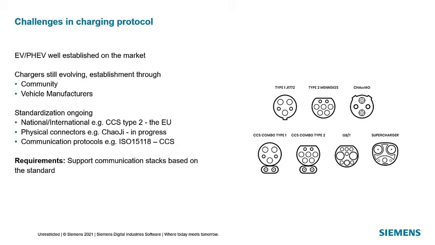At the physical connector level, for example, ChaoJi is in progress. On the communication protocol level, for example, ISO 15118 used in CCS. Requirement to face this challenge is to have a communication stack required for the specific protocol standard.